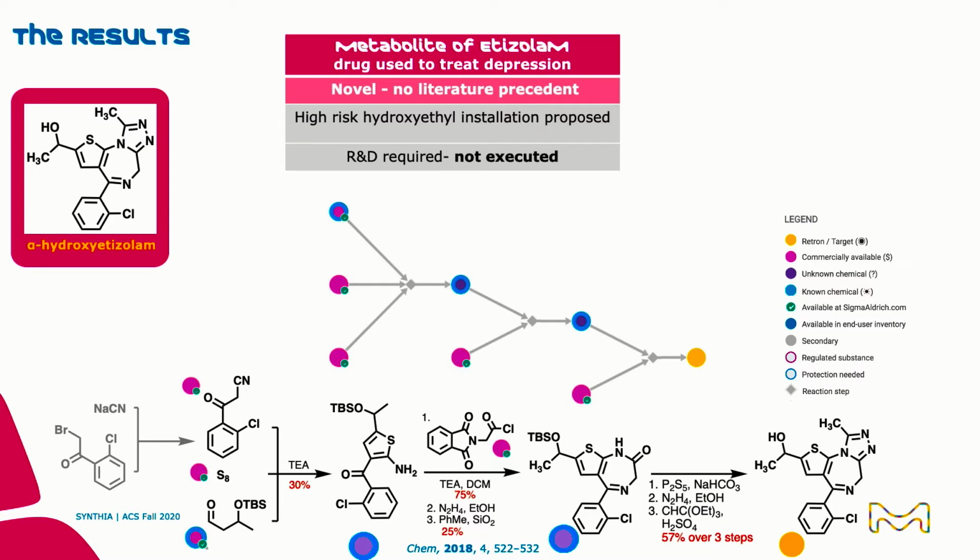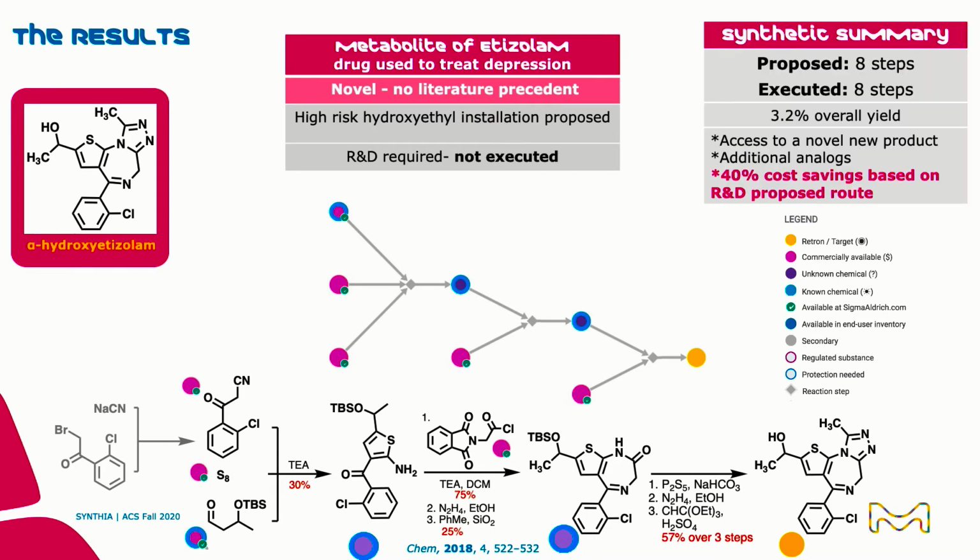And so in just a few more steps, we were able to build that benzodiazepine ring, followed by that triazole ring construction, and a final deprotection enabled us to synthesize alpha hydroxyetizolam for the very first time in a 3.2% overall yield and 8 steps as proposed by Synthia.